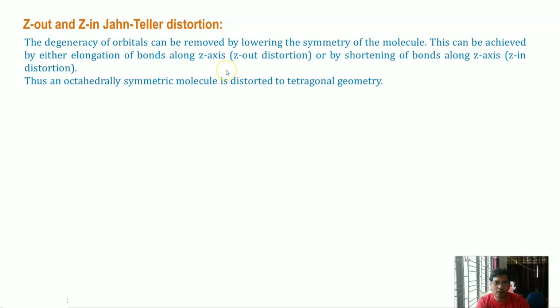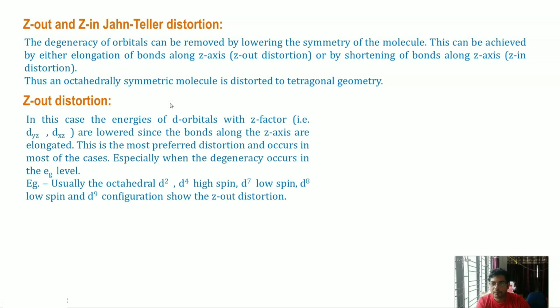First I will tell you about z-out distortion. When the electron occupies the z square orbital, the orbitals along the z axis will have more electron concentration, and the bond along the z axis will be elongated. So the orbitals containing the z factor, that is xz and yz, are lowered in energy because the z axis is elongated.